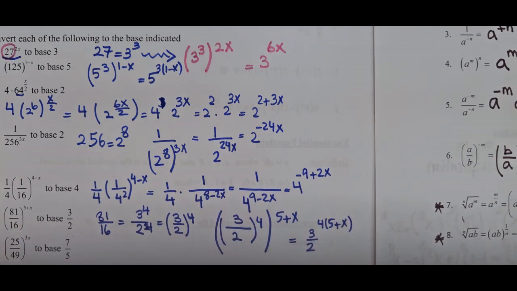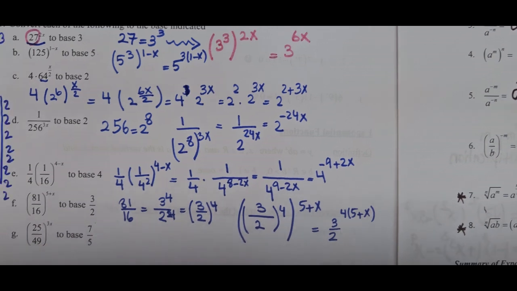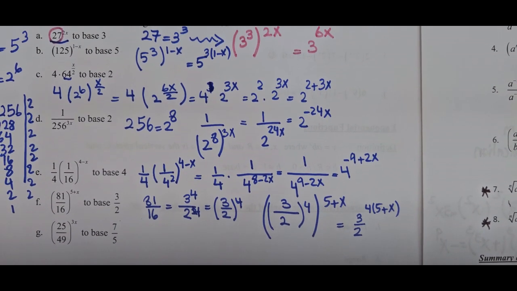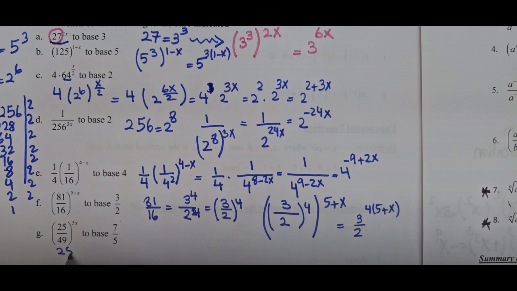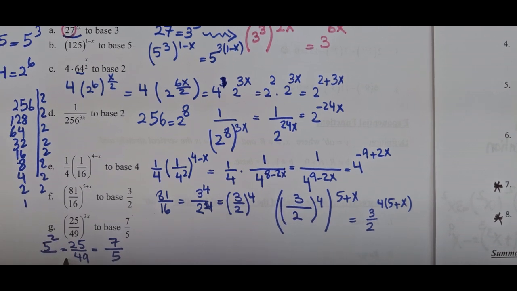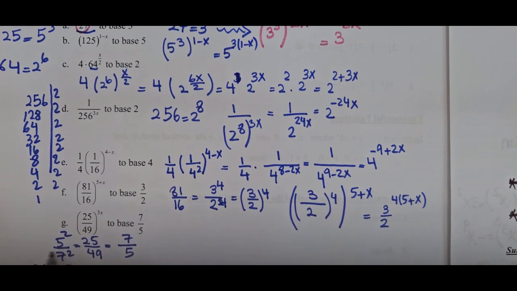Now the next question, it's asking you, so the base is 25 over 49, but the question is asking you to change it to 7 over 5. So what you can see here, 25, it's 5 to the power 2, and then 49, it's 7 to the power 2.